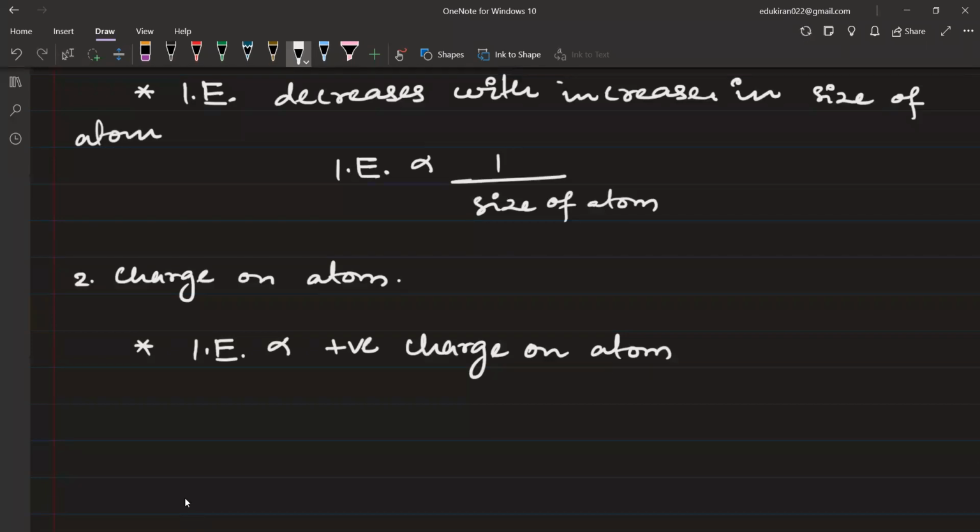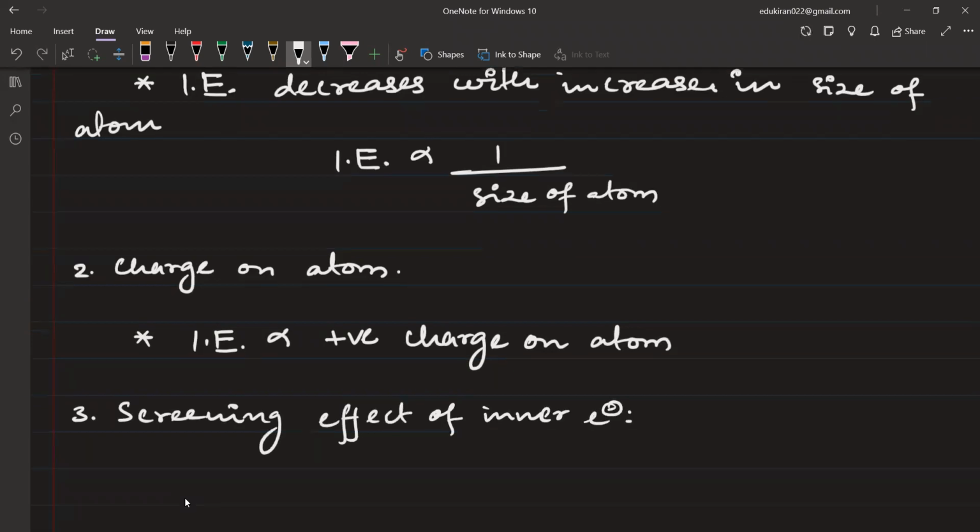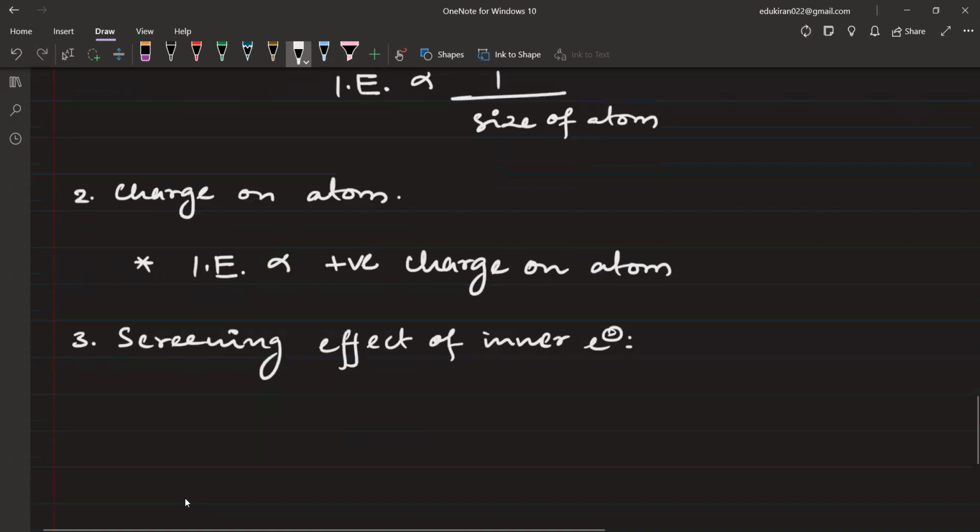You'll write here, third, screening effect of inner electrons. Now, it's very important to understand, first of all, if the screening increases, that means the inner electrons are shielding the outer electron. The inner electrons are not letting the positive charge reach the last electron.